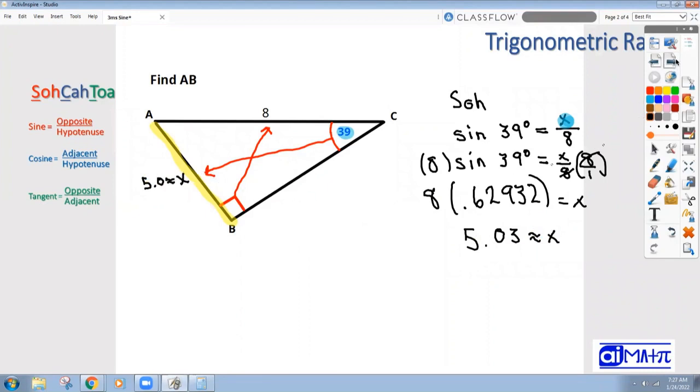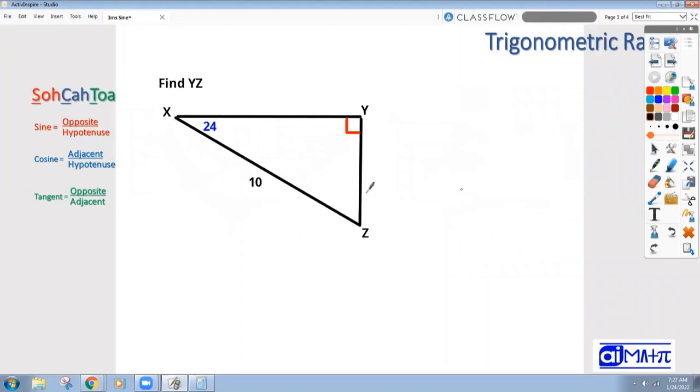I'll give you another example with the sine. Here we have 24 degrees, and we're asked to find side YZ. YZ is here. It's my X, I don't know what it is. And directly across from the right angle is 10, so that makes it our hypotenuse.